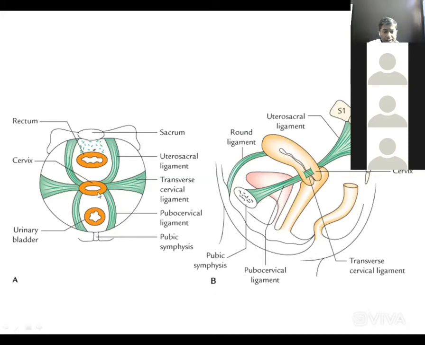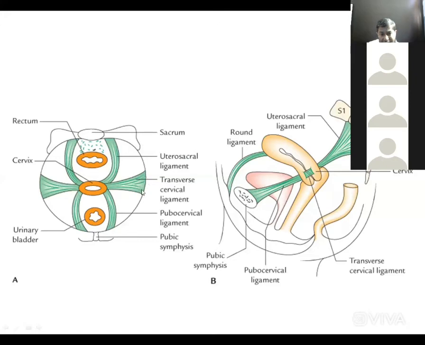Now coming to the remaining three true ligaments. The transverse cervical ligament is attached to the cervix, as the name itself suggests, and laterally it is attached to the lateral pelvic wall.